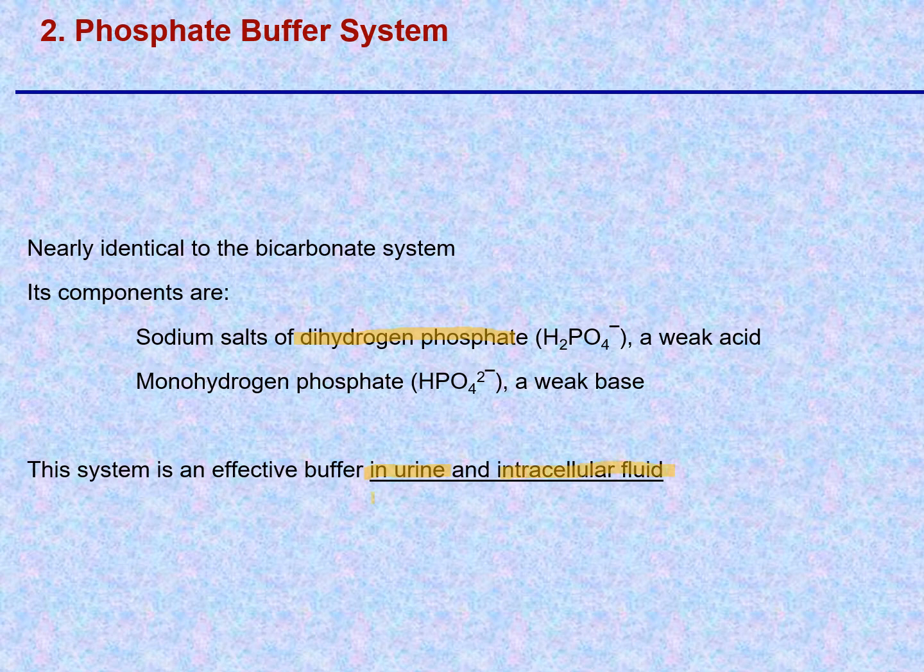Remember, urine is not in your body, it's outside of your body. It's formed in a tubular space which is continuous with the outside of your body, outside of your tissues. So this phosphate buffering system is important in urine and intracellular fluid, and the bicarbonate buffering system is important in extracellular fluids.